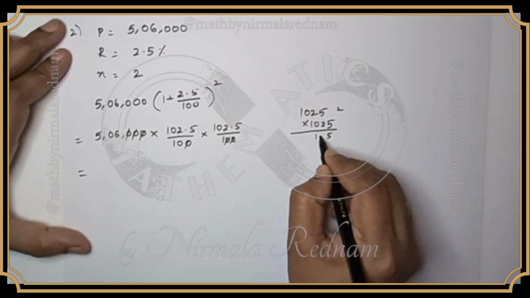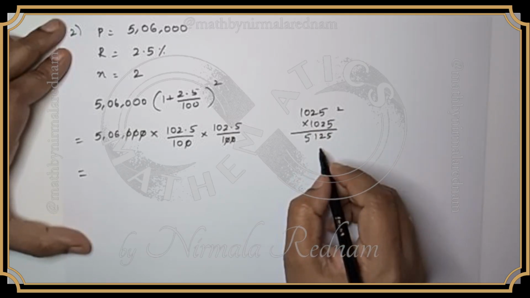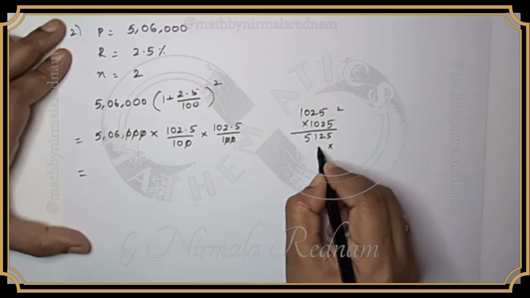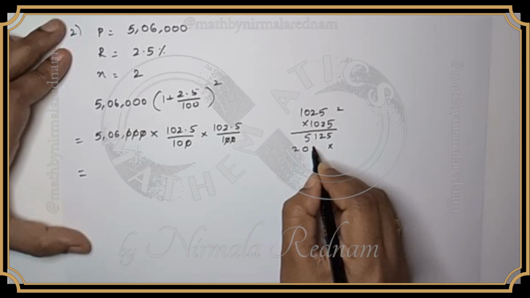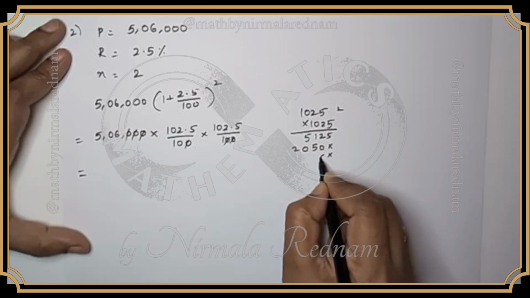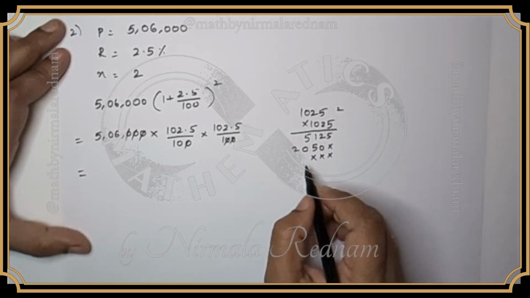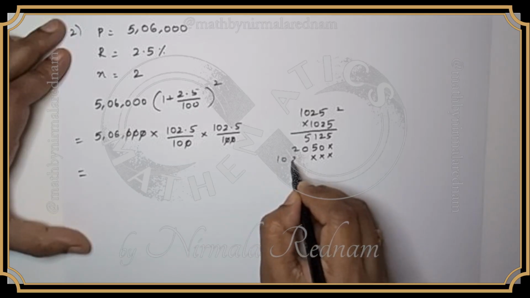25, 12, 5, right? And then I have double of this, 2050, and then there's a 0, so I'll add one extra, and then I have 1025.